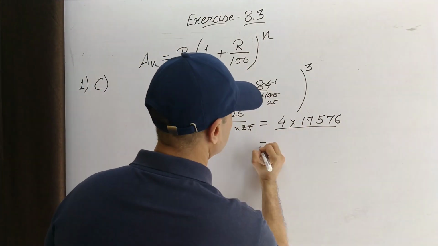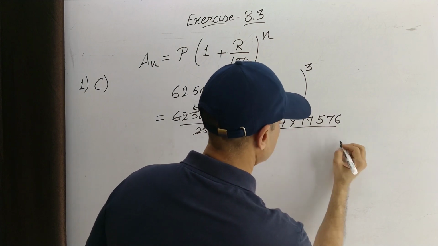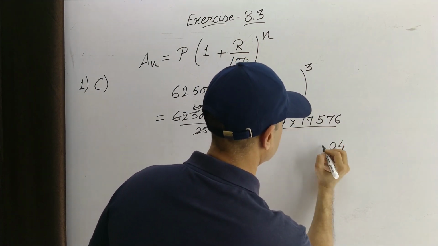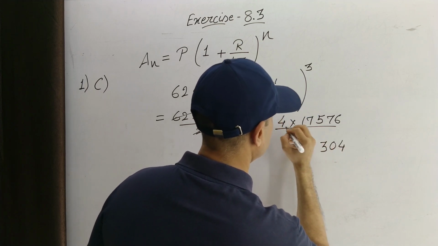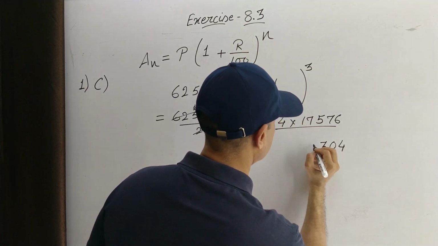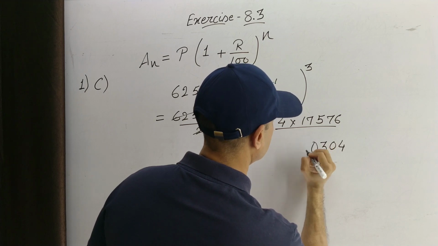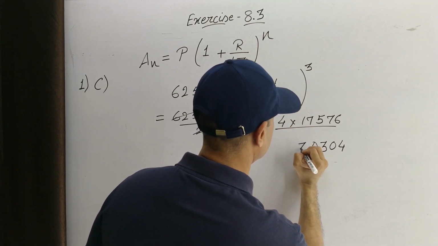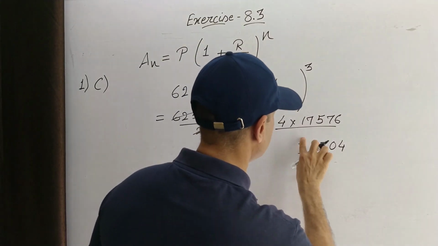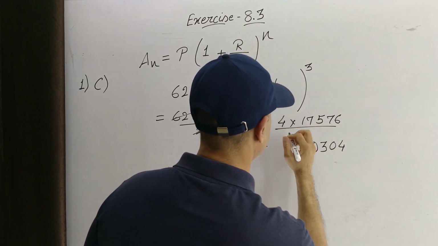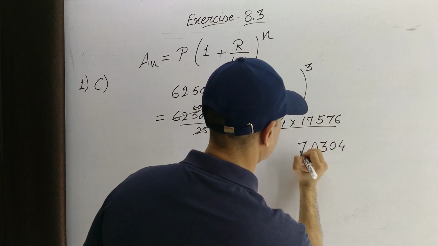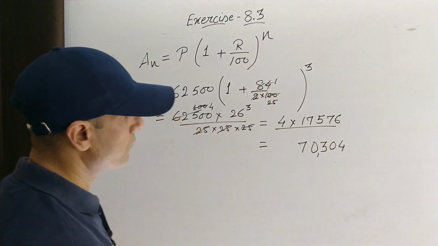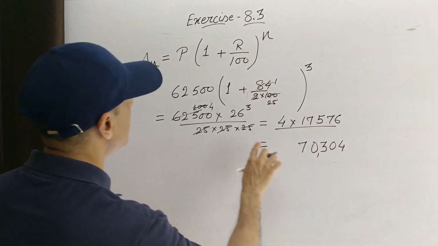So this is equal to, we have this value as 70,304, the amount after 1.5 years.